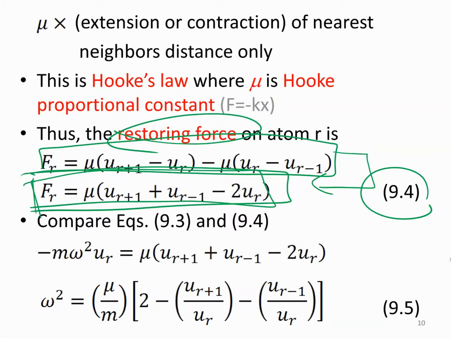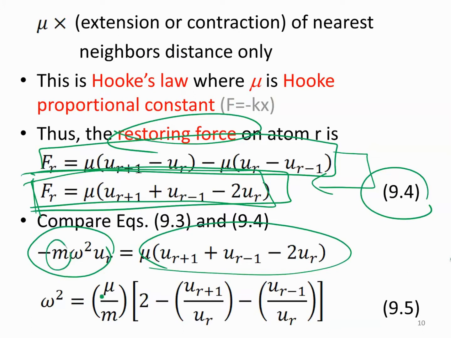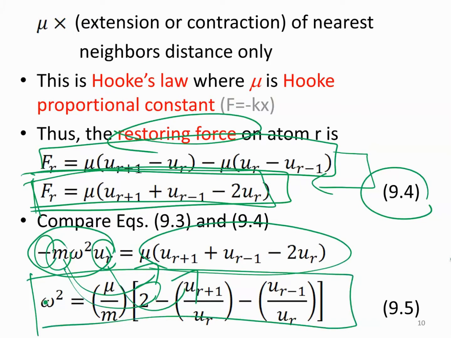When we compare these two, we have F equal to ma equal to F equal to negative Kx, or F equal to mu x. Then you rearrange this equation. You move the m to the right hand side, you move the mu to the left, negative to the right hand side. Rearrange it, you will get this equation 9.5.